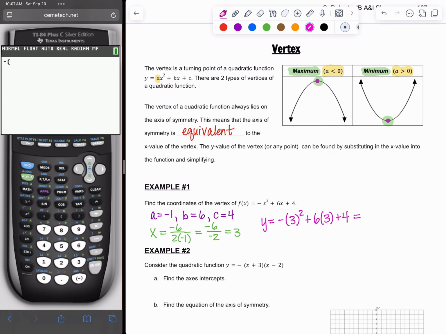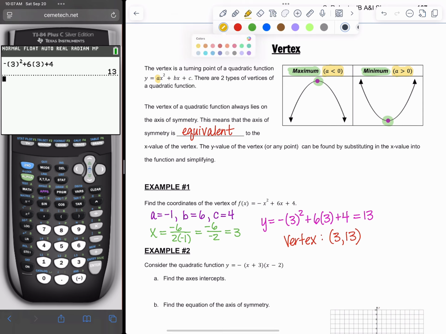If I put that in my calculator, I will end up getting 13. So I know that my vertex is located at (3, 13). That's my vertex.